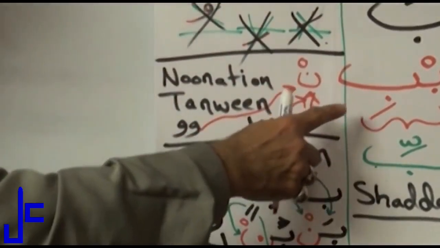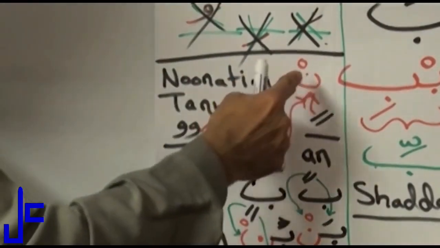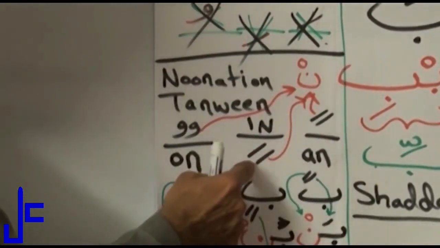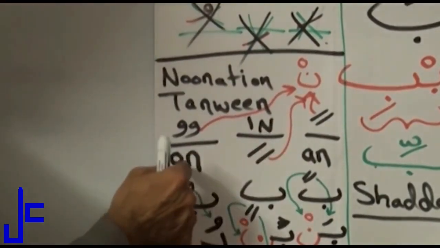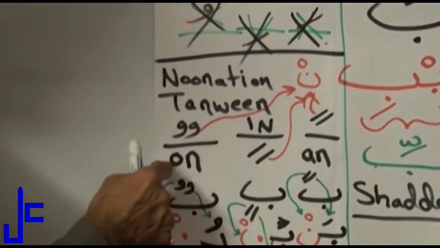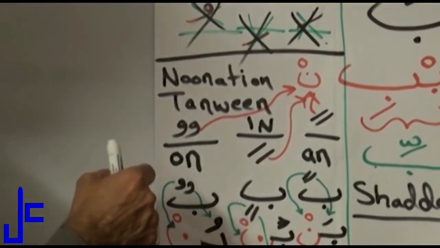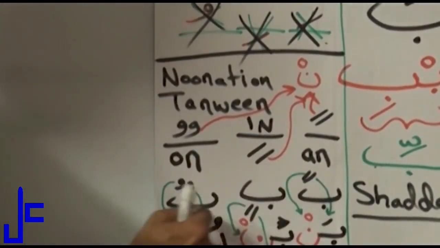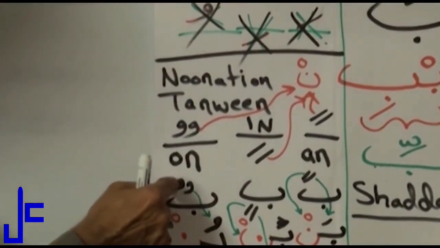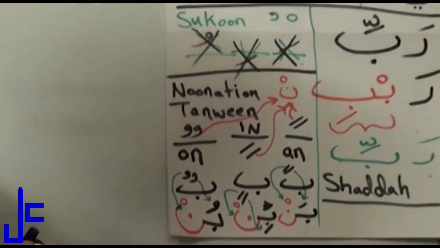One sign is a, another sign is n, an. One sign is e, another sign is n, in. One sign is u, another sign is n, un. An, in, un. Ban, bin, bun. This is just to show you how this is pronounced. It's pronounced regularly like a silent noon.